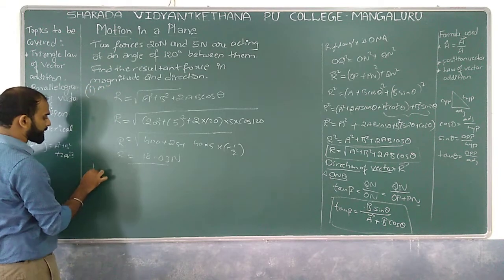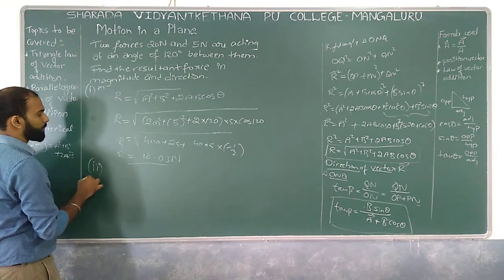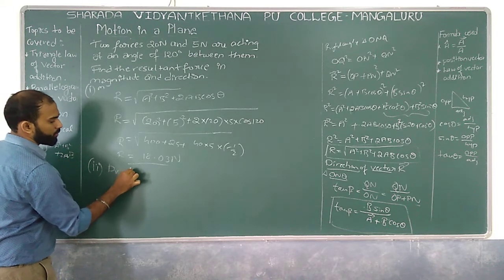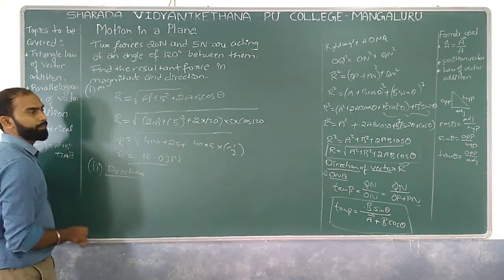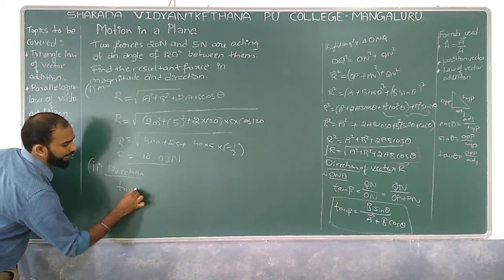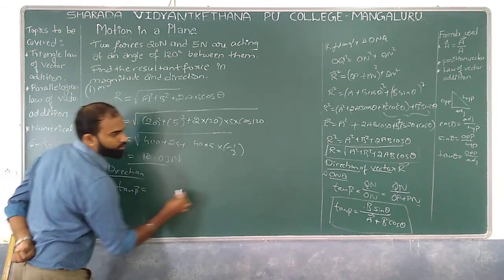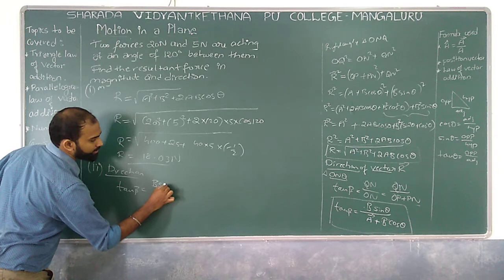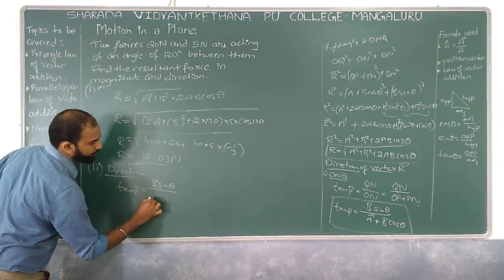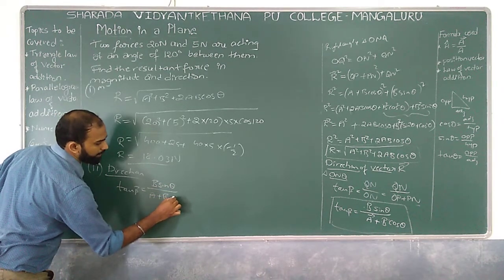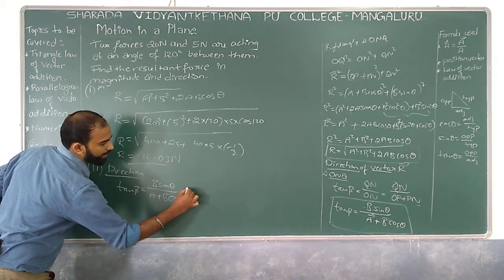The second case, we are supposed to find the direction. So how to get the direction over here? We have tan beta, which is equal to B sin theta divided by A plus B cos theta.